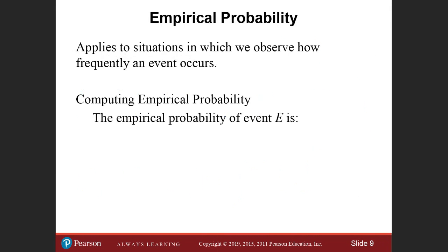Okay, next would be the second type, which is empirical probability. So it says here, applies to situations in which we observe how frequently an event occurs. So here's the formula.